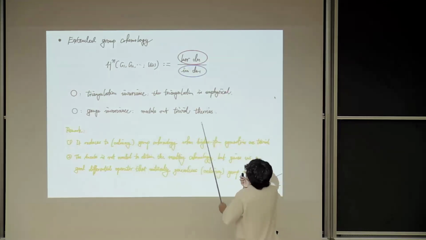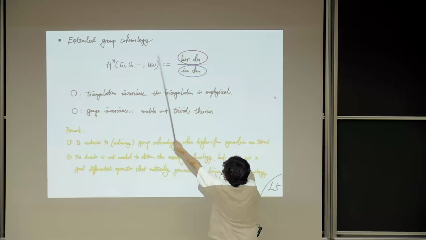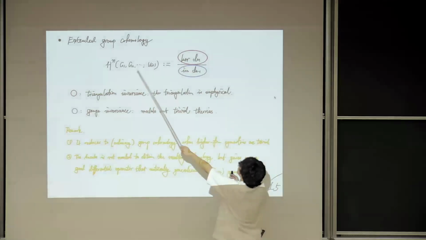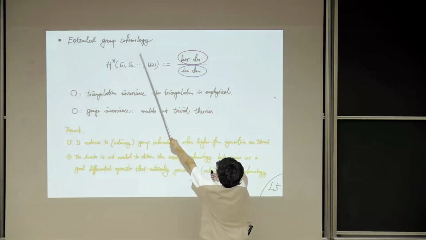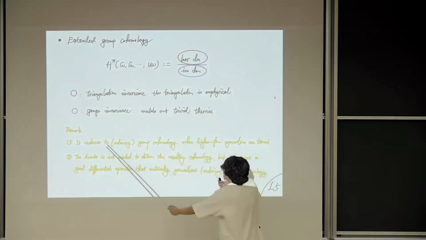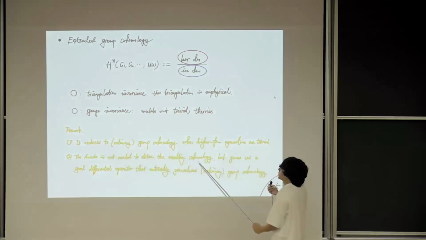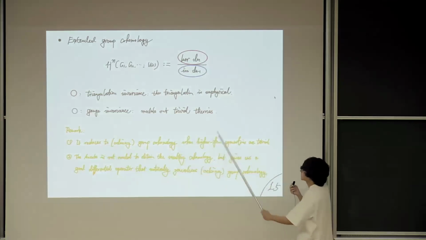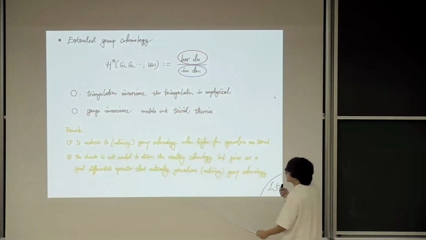Okay, so then we can cook up this kind of object, which is just some simple generalization of the group cohomology. And it reduces to ordinary group cohomology when higher form symmetries are trivial, as I just showed on the previous slides.